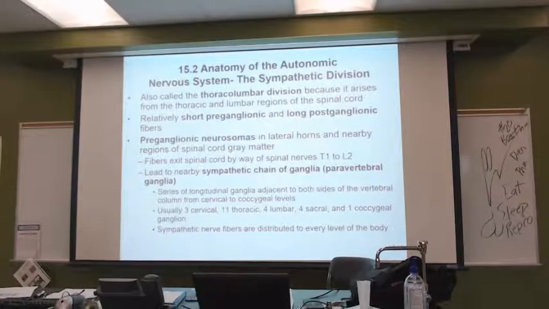What areas of my spinal cord are they showing them coming from? My thoracic and lumbar. Therefore, fibers for my sympathetic division come from the thoracic or lumbar region of the spinal cord.